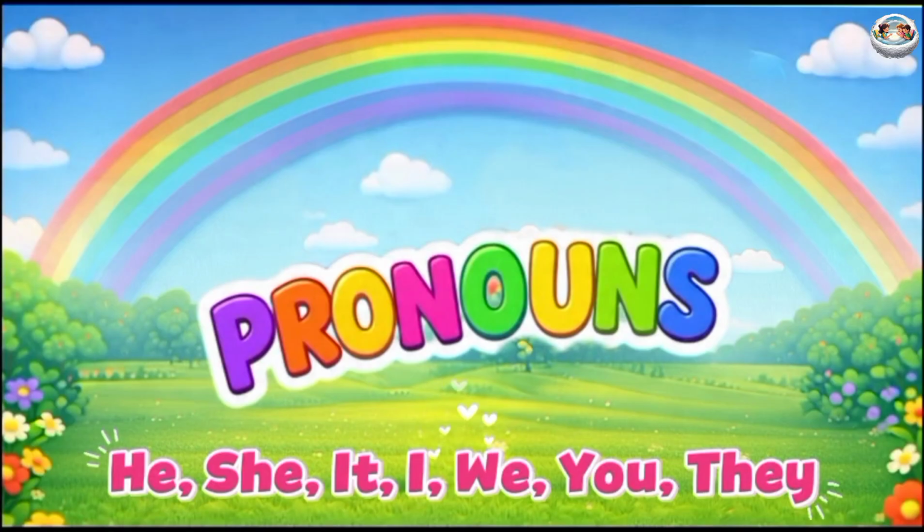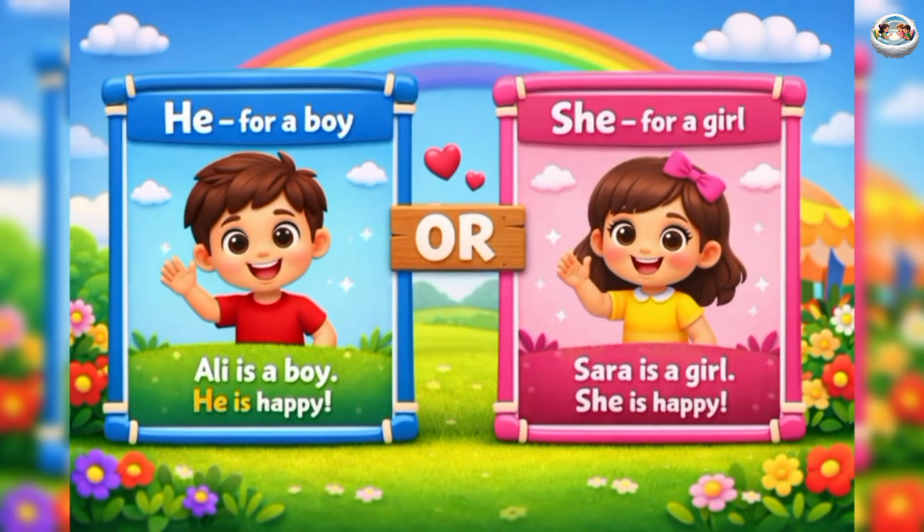Some pronouns are he, she, it, I, we, you, and they. We will use he for a boy and she for a girl. For example, Ali is a boy, he is happy.